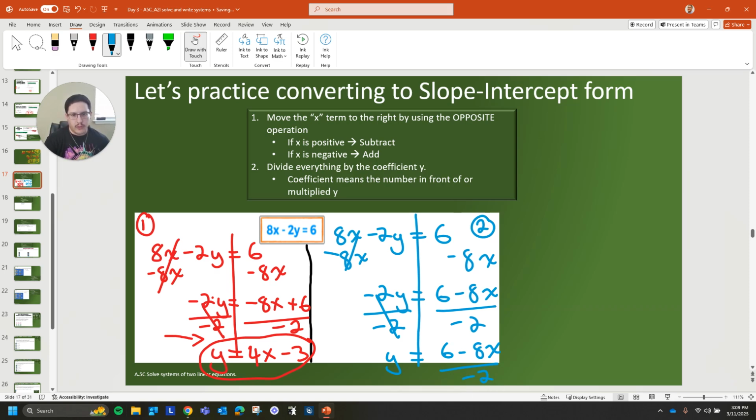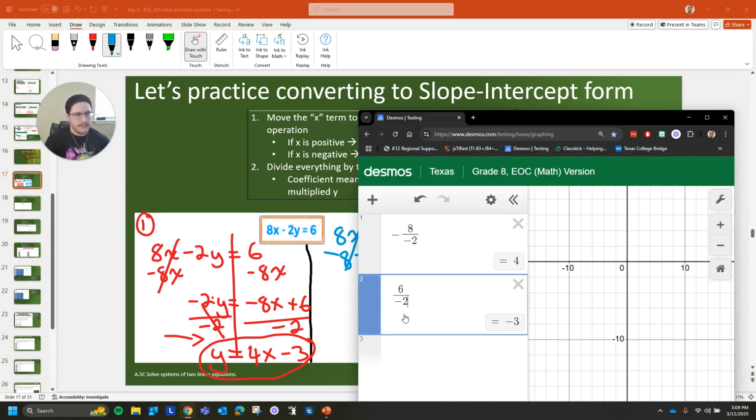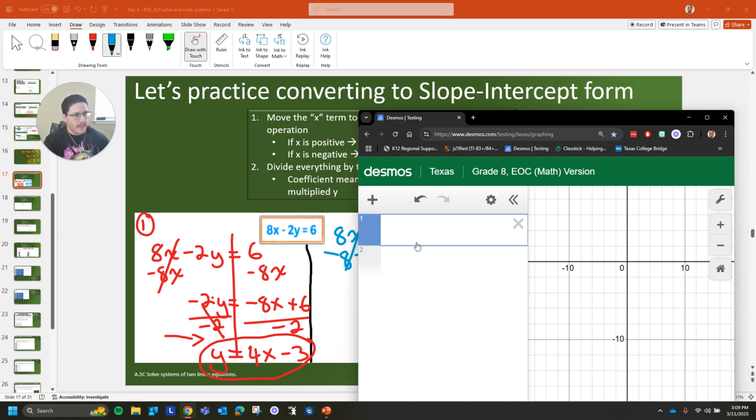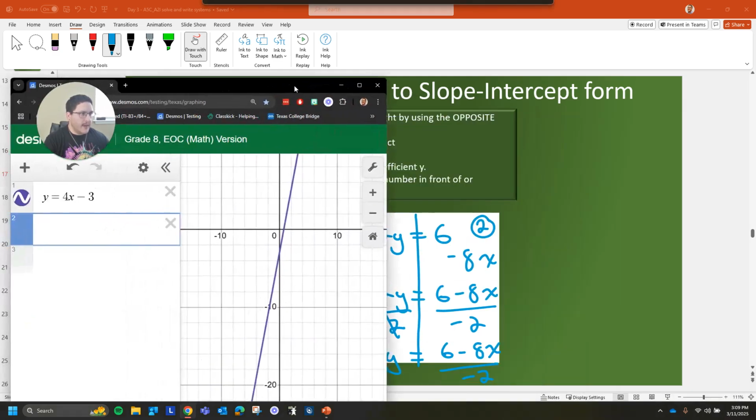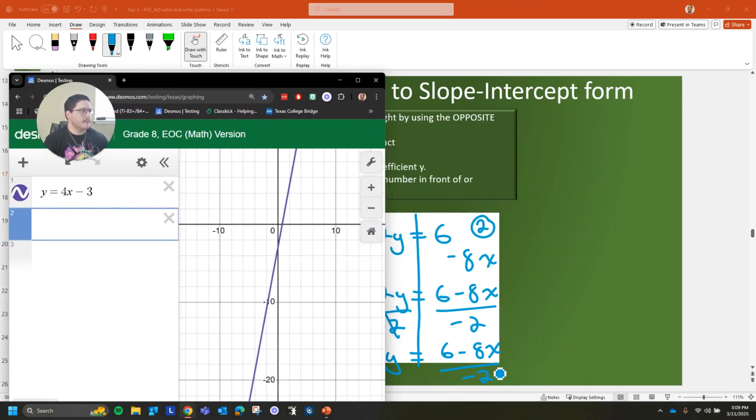So let's take a look at graphing this on Desmos. I'm going to graph the first one. Y equals 4x minus 3. We have the purple line right here. And then I'm going to grab the second one right over here.